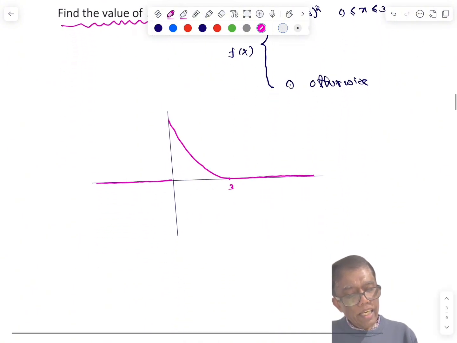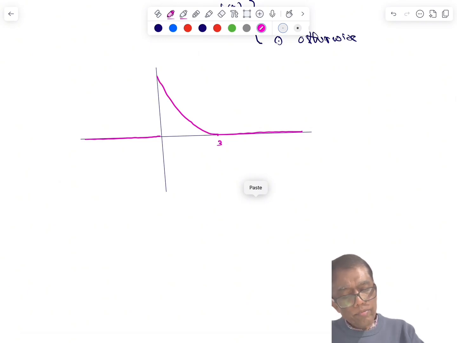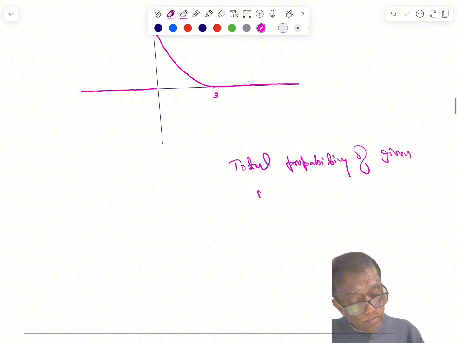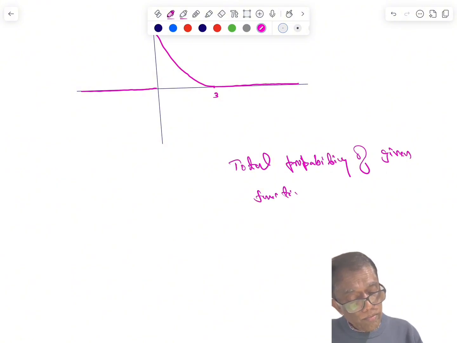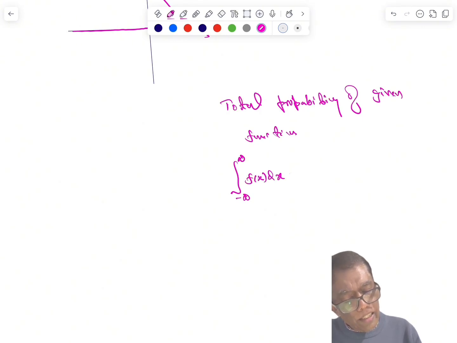K is an unknown. We know that the total probability of this given continuous function, the integral from negative infinity to positive infinity of f of x dx, is equal to 1.